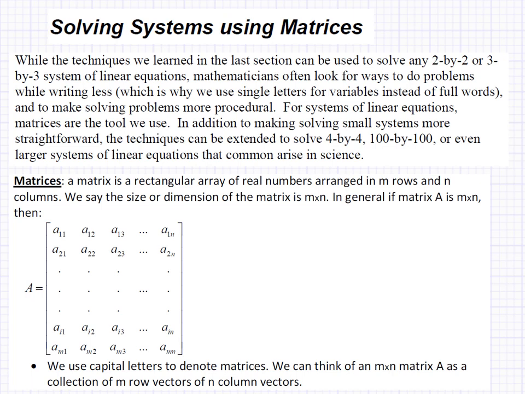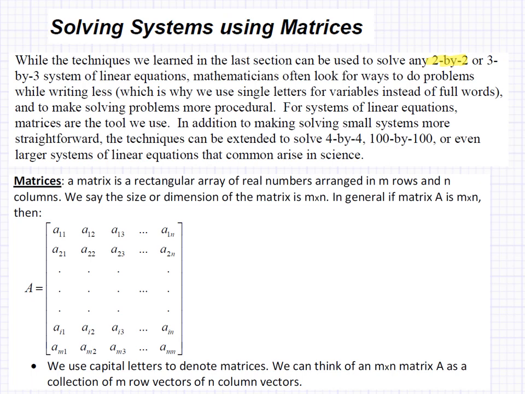It's also very procedural in that you do the same things over and over, regardless of how many variables and equations you have. So again, in the last section, we pretty much focused on 2 by 2, which is 2 equations and 2 variables. We're going to start to talk about 3 by 3 and so on. Okay? And the matrices will allow us to do that.